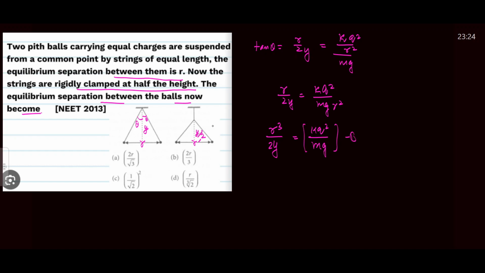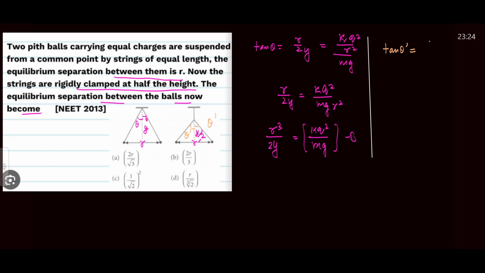That means the first diagram. Now for the second diagram, you can write next. So for the second diagram, that value would be in this manner: tan theta prime, because definitely theta is going to change, this angle is going to change, this is theta prime, this angle also theta prime.